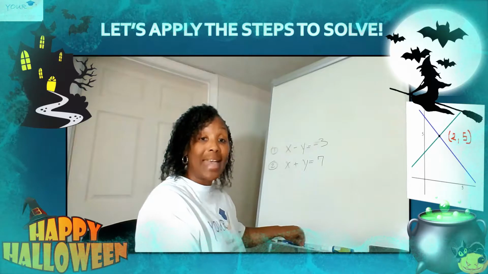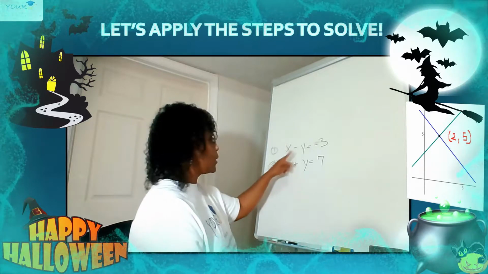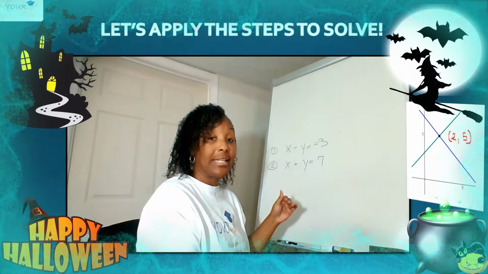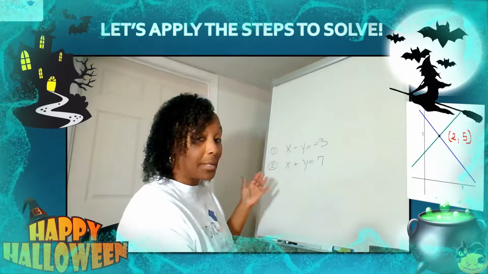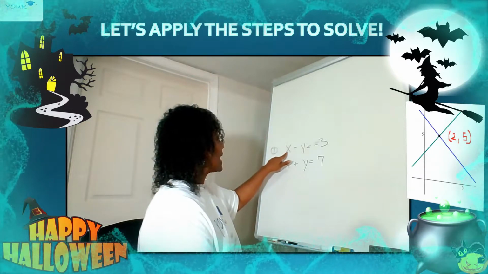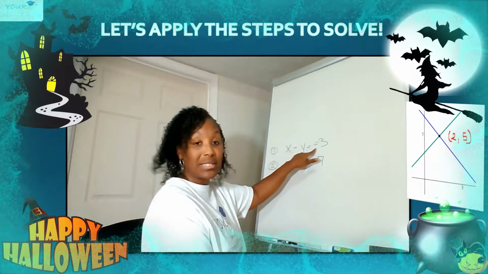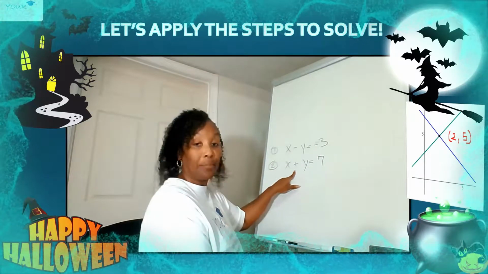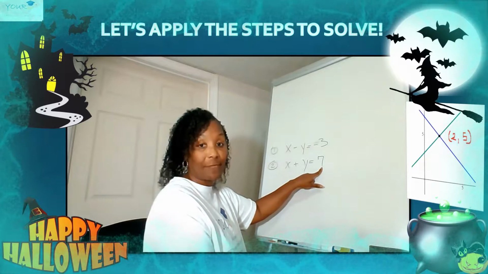Here we have two equations up on the board. Oftentimes you will see two equations when you're talking about system of equations. Here we have x minus y equals -3. The second equation, we have x plus y equals 7.